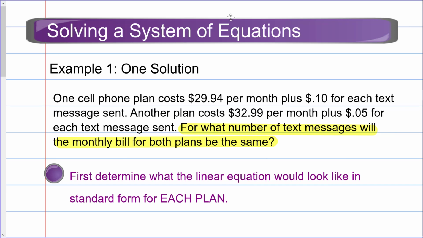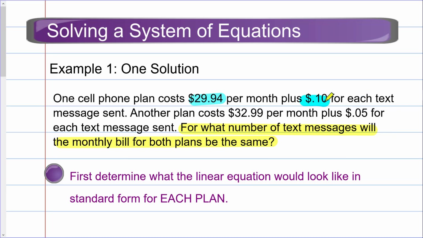Okay, so the first thing you need to do is determine what each of the linear equations looks like for each situation. So for this first situation, it's $29.94 for every month. That's regardless, you have to pay that. So we call that the constant. That's going to stay the same. The only thing that's going to vary is how many text messages you send, right?